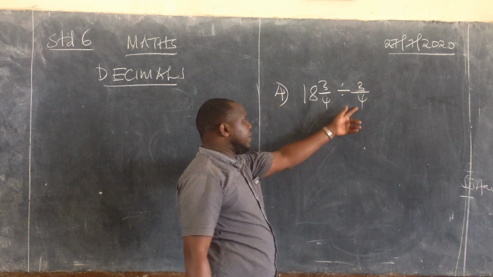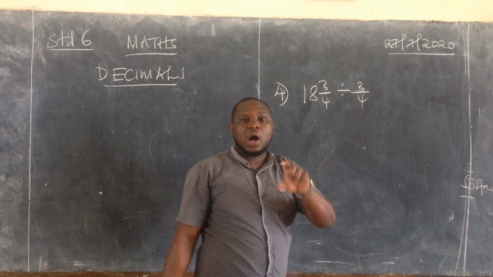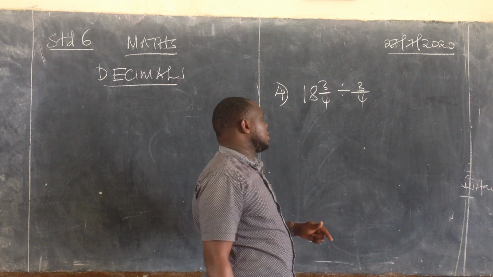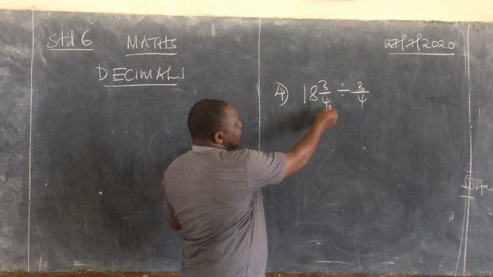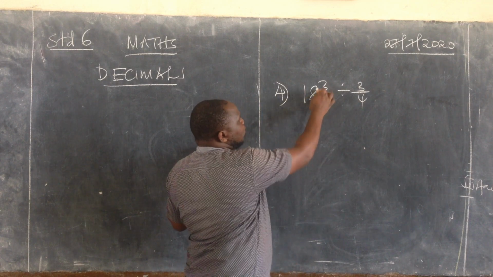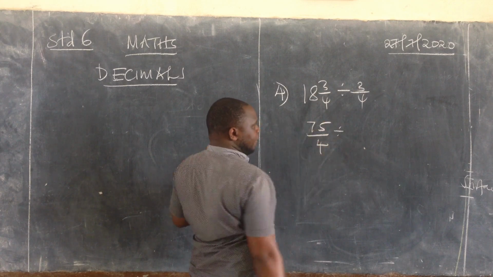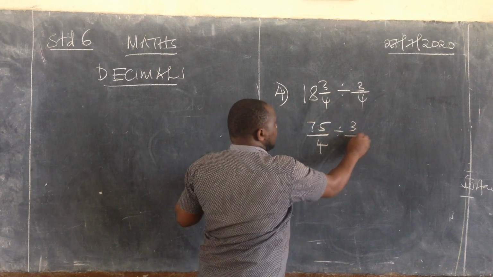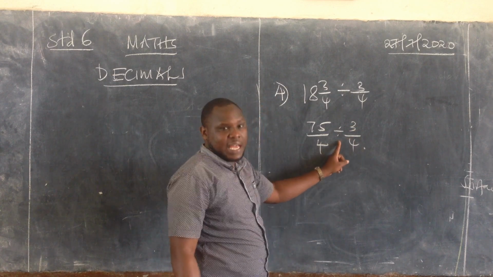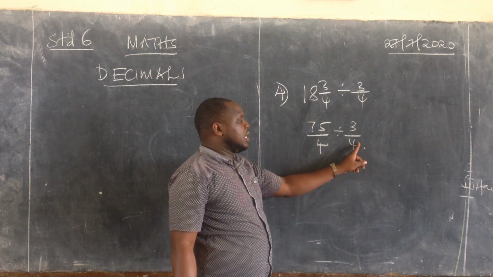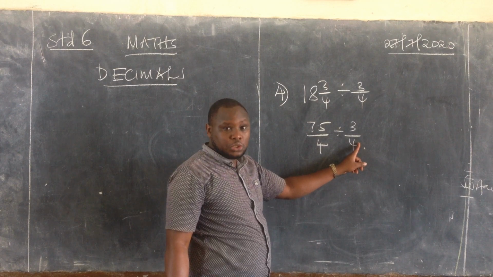This is a quantity to be divided into 3/4, so that you can know how many bottles will be found in this one. So in this case, we multiply 18 by 4, which gives 72, plus 3. That is going to be 75/4 divided by 3/4. From there, we change this sign and also change this fraction.